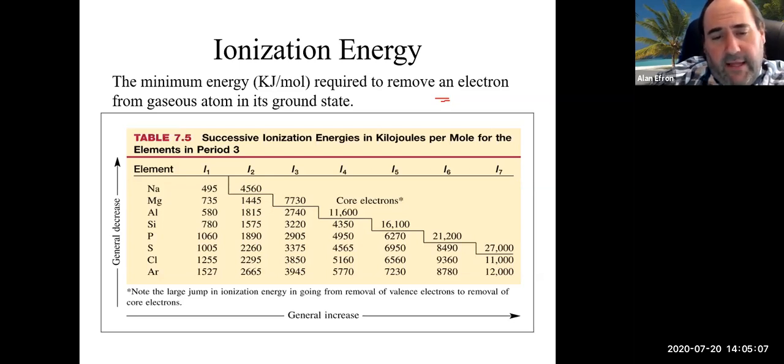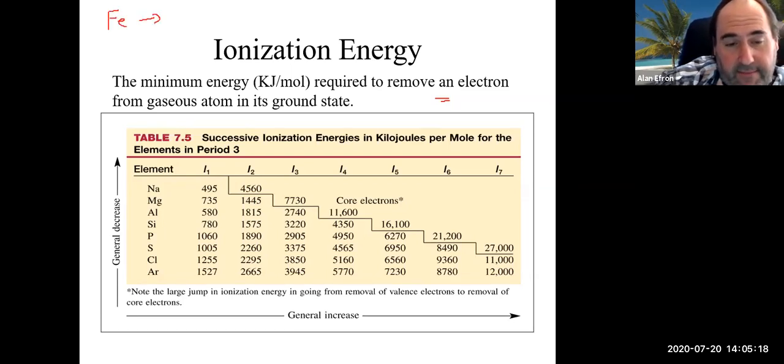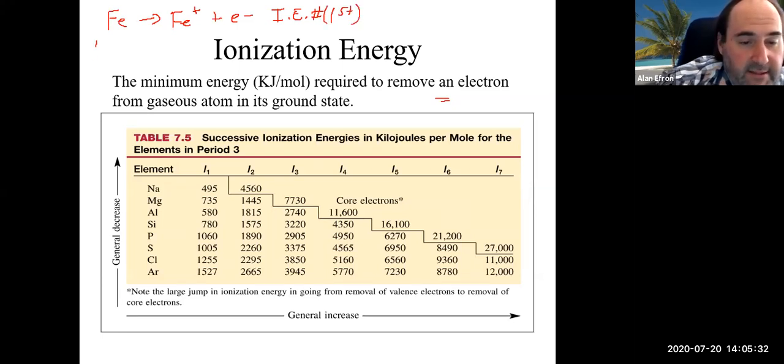And electrons come off, as you may know or may not know, basically one at a time. So for example, if we were talking about iron, the first thing that would happen is the iron would drop that first electron, and the energy associated with that process would be ionization energy number 1, or the first ionization energy. Then this guy would drop off another electron, and this would be the second ionization energy.